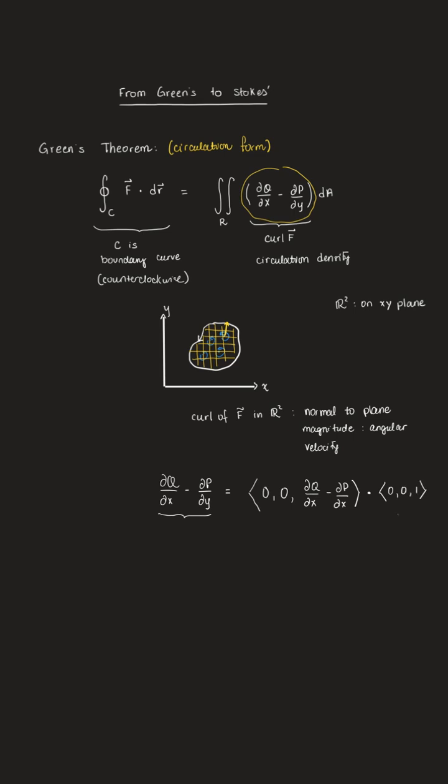This is our k unit vector. When we do this dot product, notice what we get: 0 times 0 is 0, 0 times 0 is 0, and we get the thing that we're using for our 2D curl. So this gives us a better way of seeing that it's simply the k component, the z component, of a three-dimensional vector.